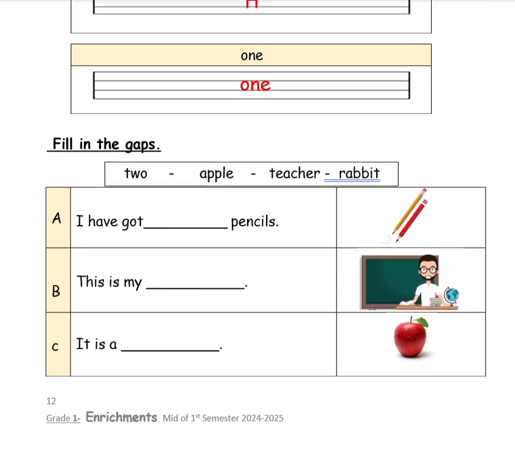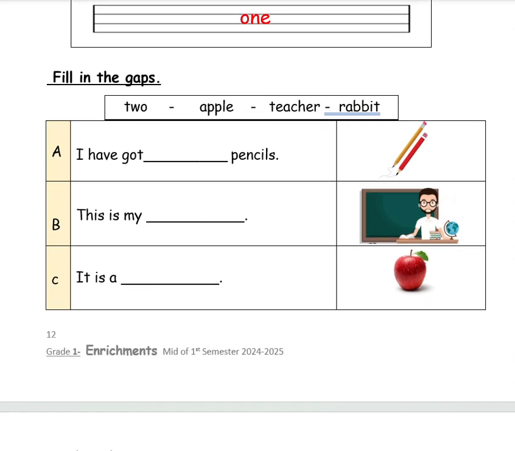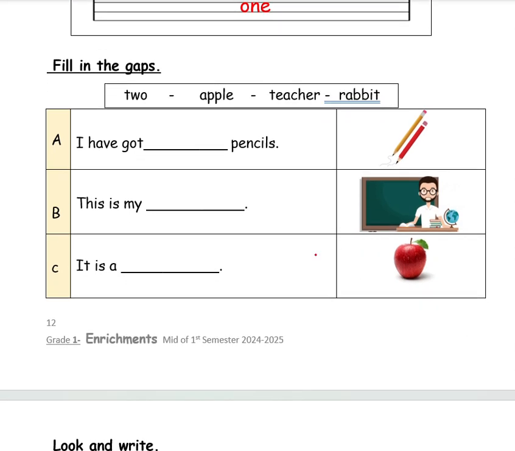This is interesting. All right. Fill in the gaps. We have here a word bank which has 4 words, and we have here 3 gaps. So one word is extra. You have not to use it.